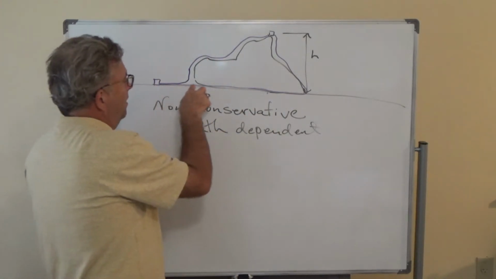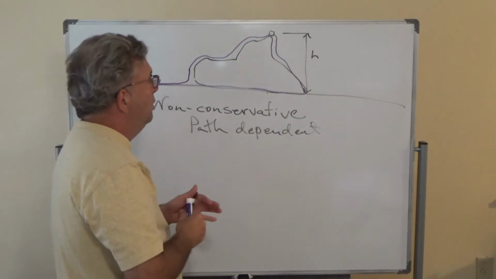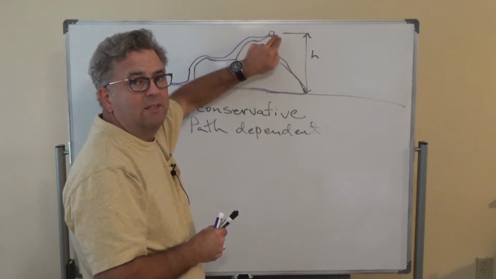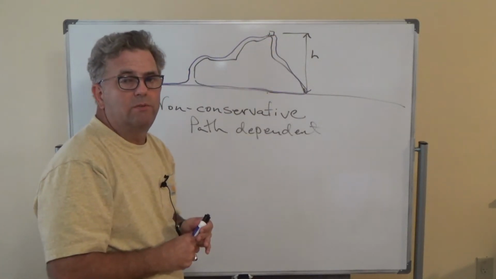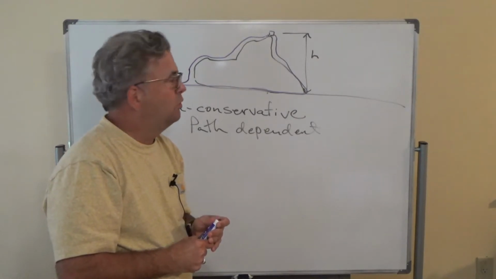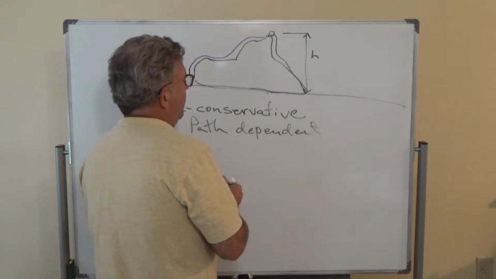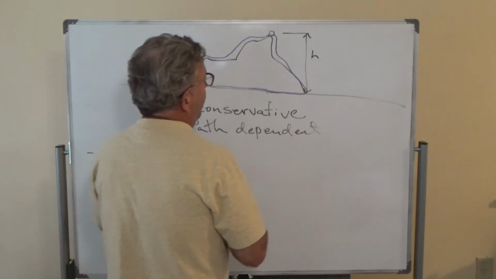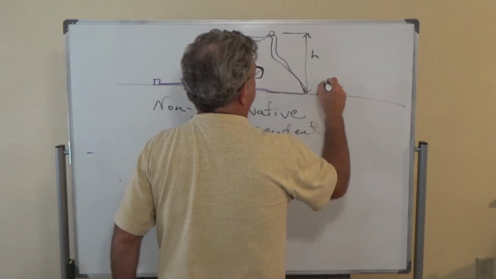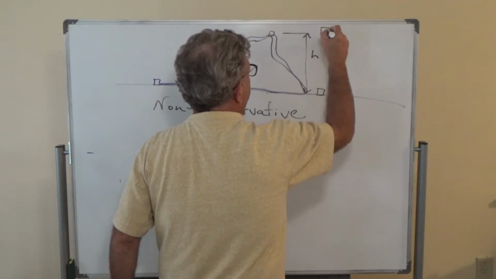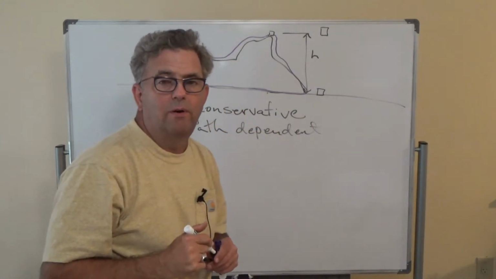However, maybe this is very, very smooth and this is a much shorter path. You reached this height at the same point, but you didn't do as much work against friction. And then maybe someone else simply had the object at this point and raised it to here with absolutely no friction whatsoever.